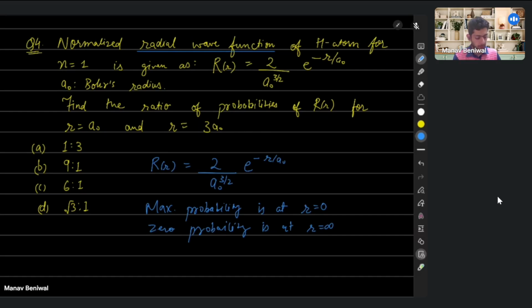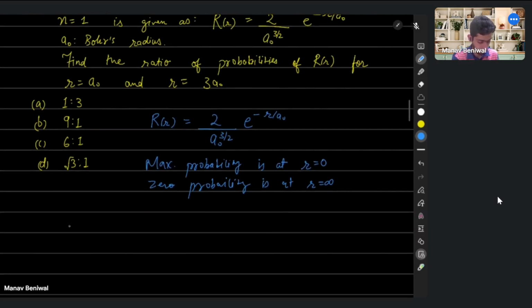Okay, why? Because probability P of R is defined as R squared, like this.